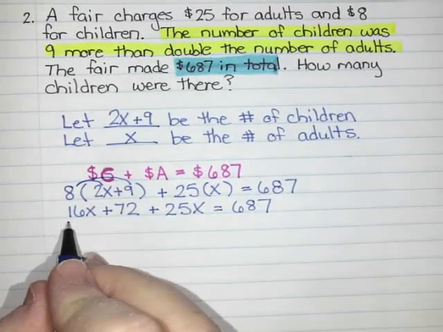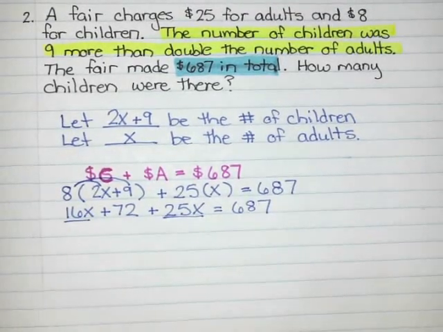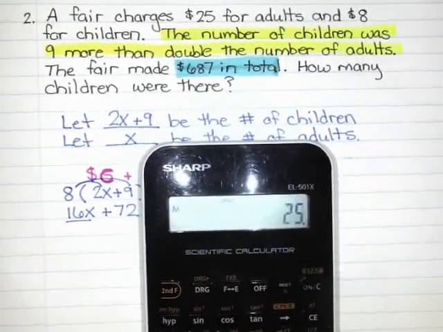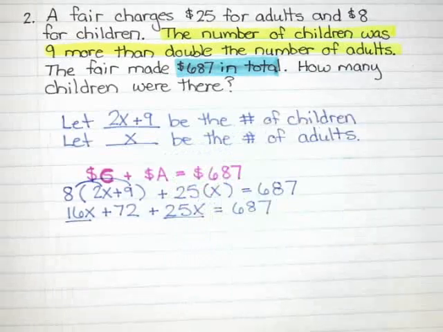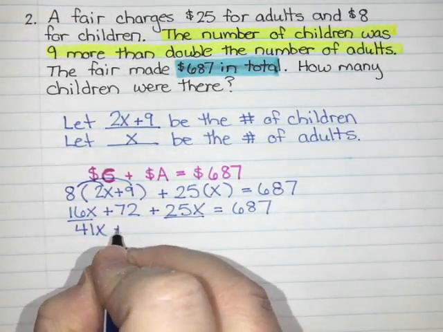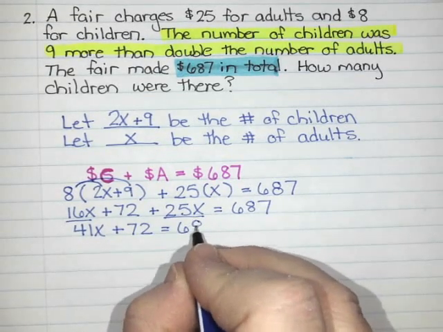Now I do notice there are 2 terms with x's, so I can collect my like terms. 16 plus 25 gives me 41 x's plus 72 equals 687.